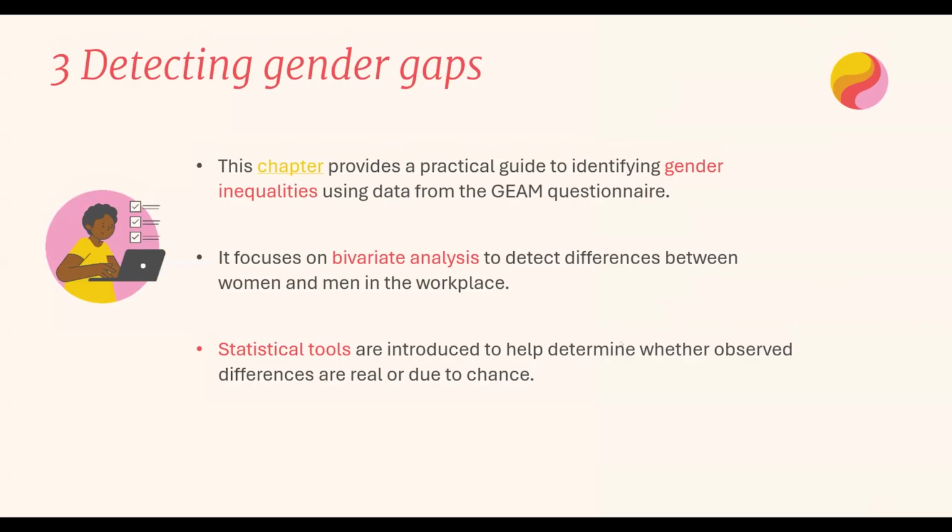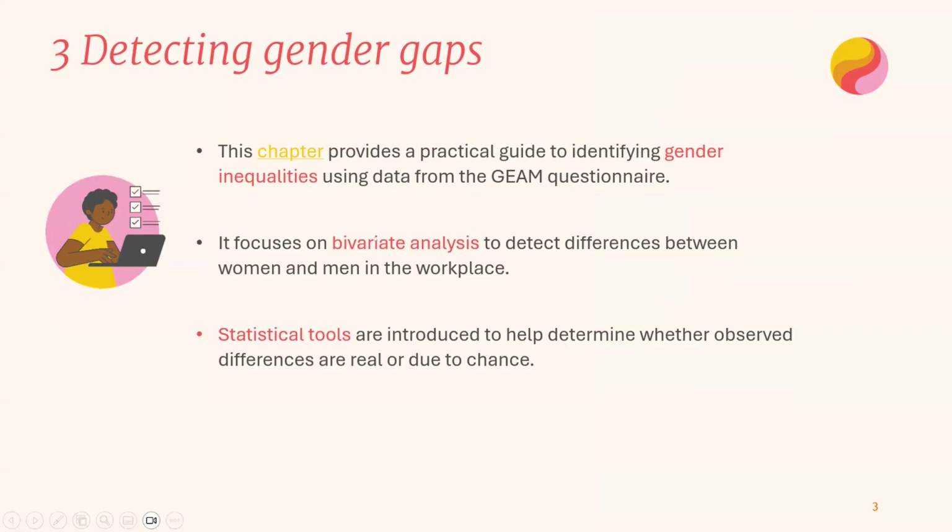So, in this chapter, we provide a practical guide to identify gender inequalities. And for this, we use the GEAM questionnaire, for employees in this part. It focuses on the bivariate analysis to detect differences between women and men in the workplaces.